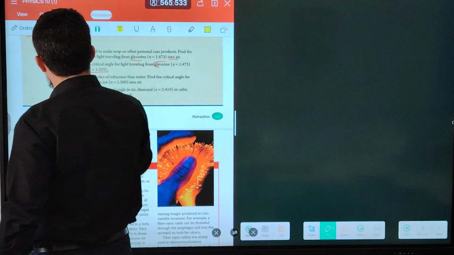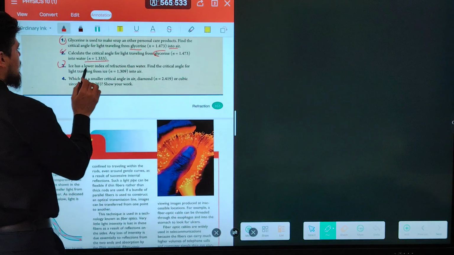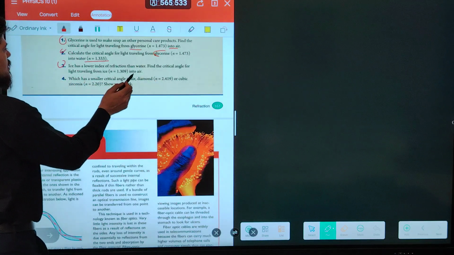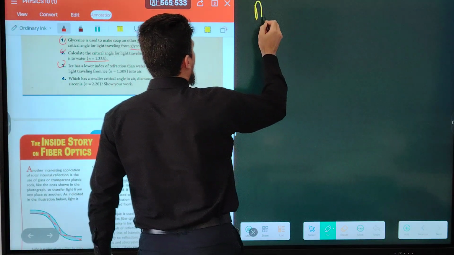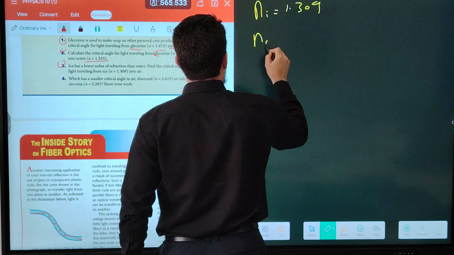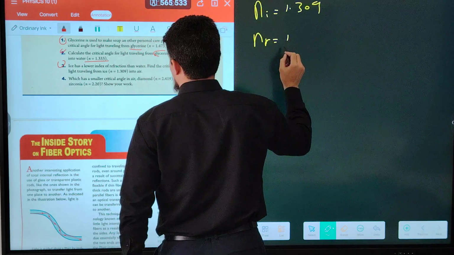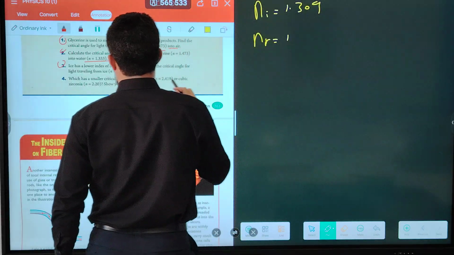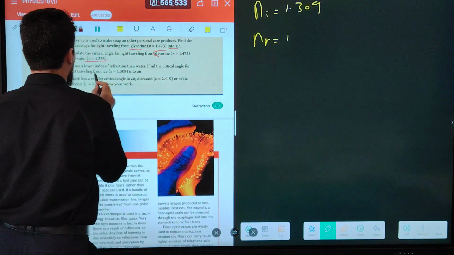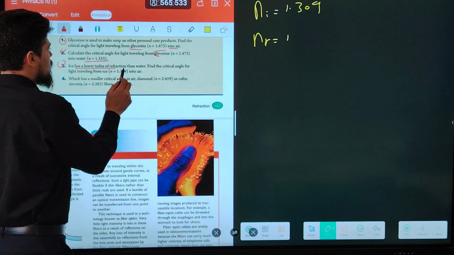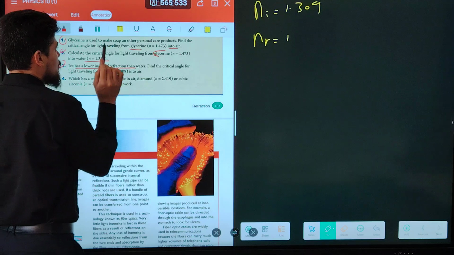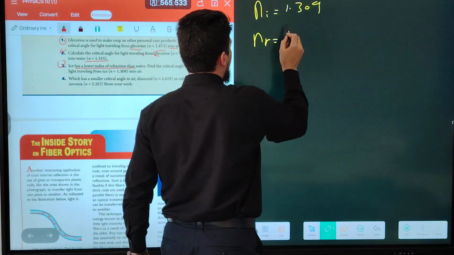Okay. Question 3. Ice has a lower index of refraction than water. Find the critical angle for the light traveling from ice into the air. Ni for ice is 1.309, and Nr is equal to 1.